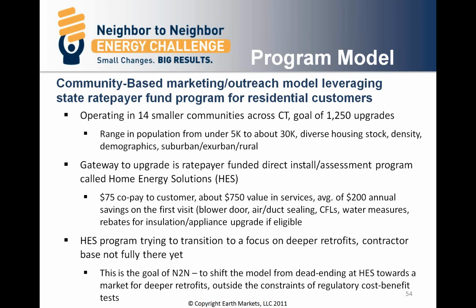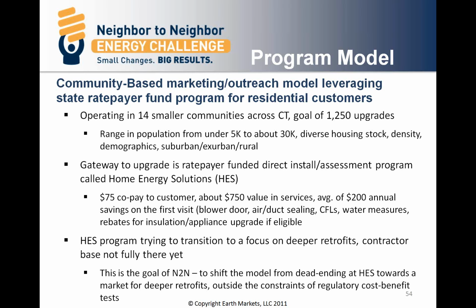The gateway to the upgrade is this direct install and assessment program called Home Energy Solutions. There's a $75 copay to the customer, and on that first visit you get a lot of great value and services. There's a blower door test, air sealing and duct sealing, and lighting and water measures, and then you're given rebates for installation and appliance upgrades if you're eligible.